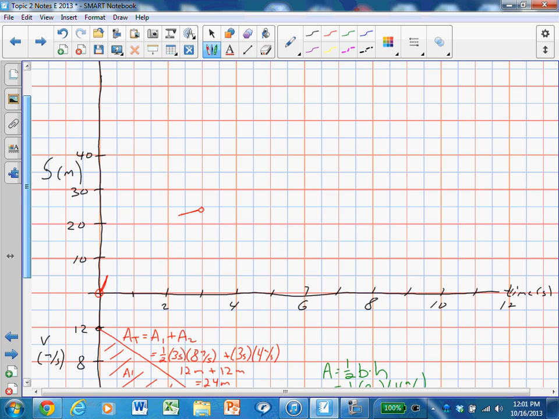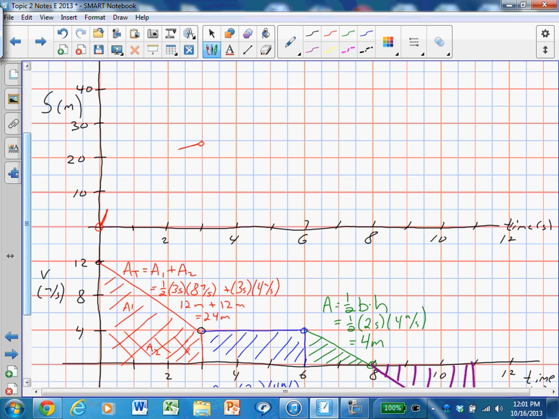And if you connect those, you have that curve shape to it. Well, my velocity decreased over this displacement, but it was always positive. It was always above zero. And that allowed for a positive change in displacement. The initial one was up at 12 meters per second and then down to 4. Okay?